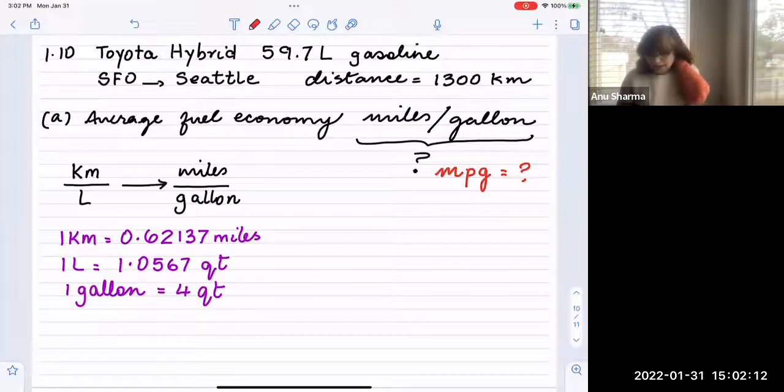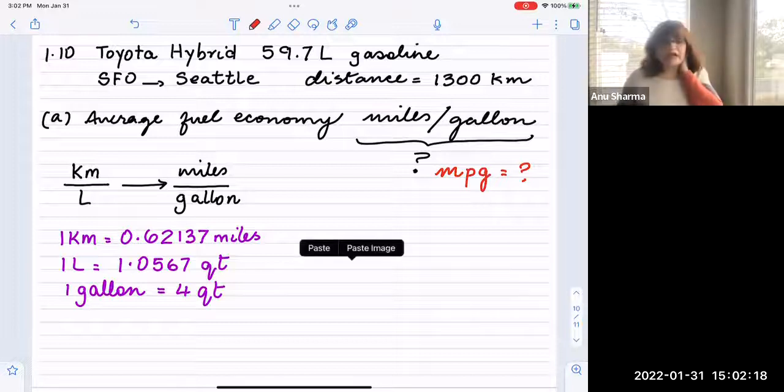Okay, so here in 1.10, we are talking about a Toyota Hybrid, which is using 59.7 liters of gasoline, and it gives you 1,300 kilometers. Now, the question is, you need to convert this kilometers into miles and the liters into gallons so you can get miles per gallon.